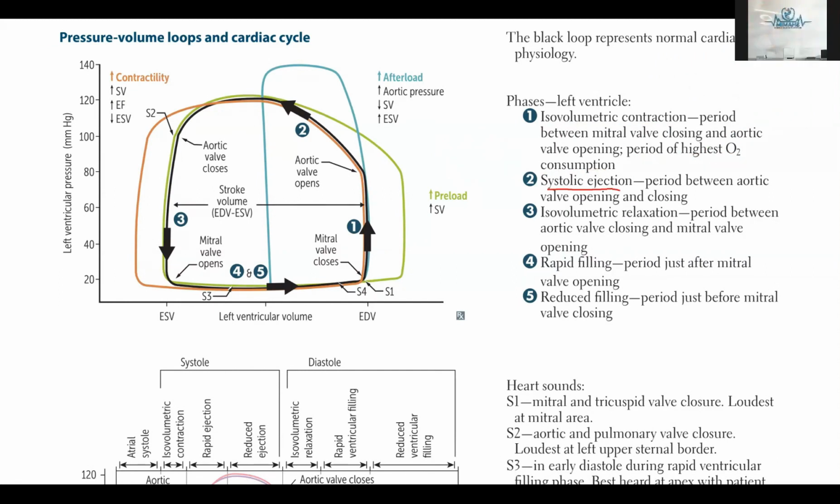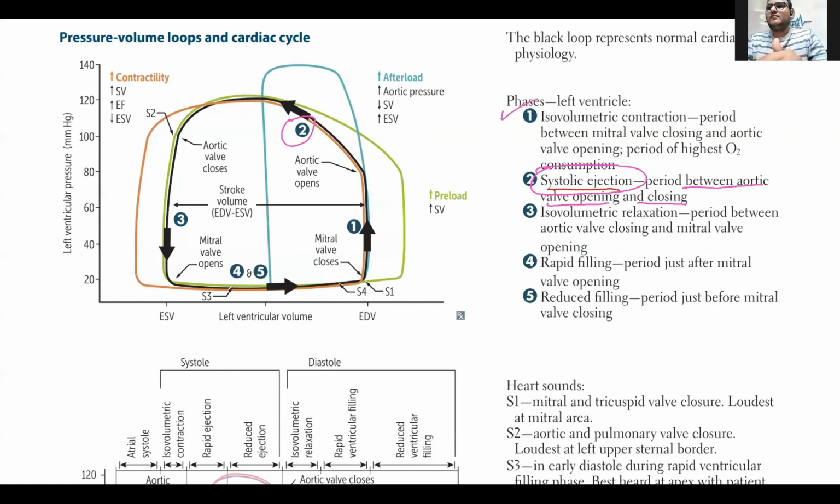Next, the systolic ejection phase. What is the systolic ejection phase? This is the period between aortic valve opening and closing. This is two. You can see this. There was isovolumetric contraction, when the left ventricle is preparing for contraction but there is no change in volume. The left ventricle has not yet started the ejection.